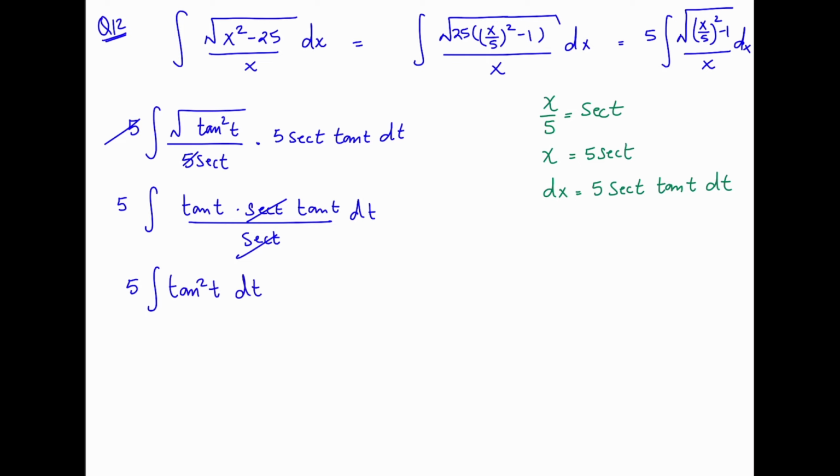Any questions regarding up to this spot? Okay, we're good so far, which is good. And then now here you have a tan squared of t, and this is where you have to use the identity to convert it into secant.